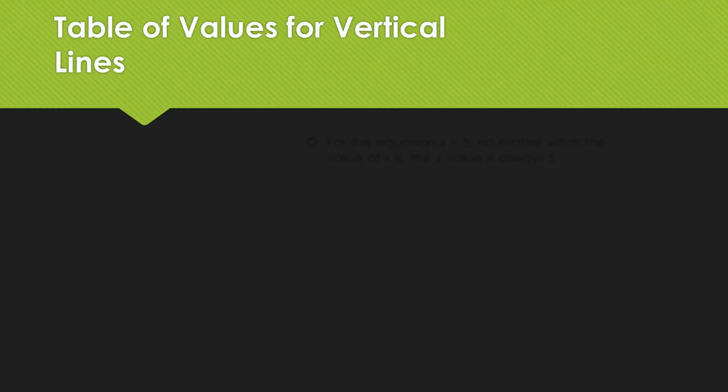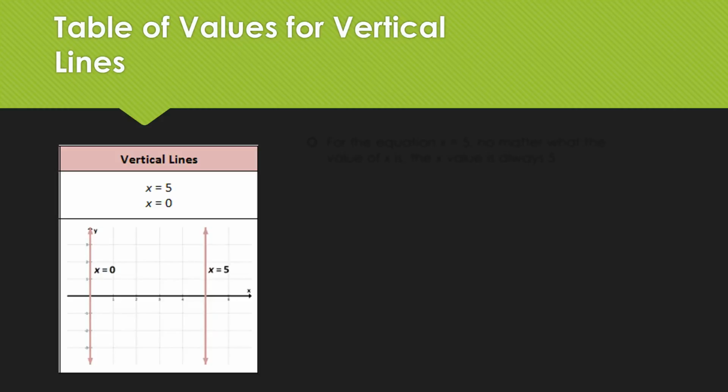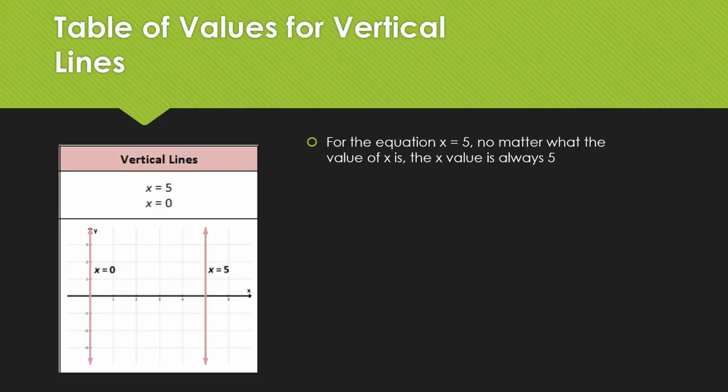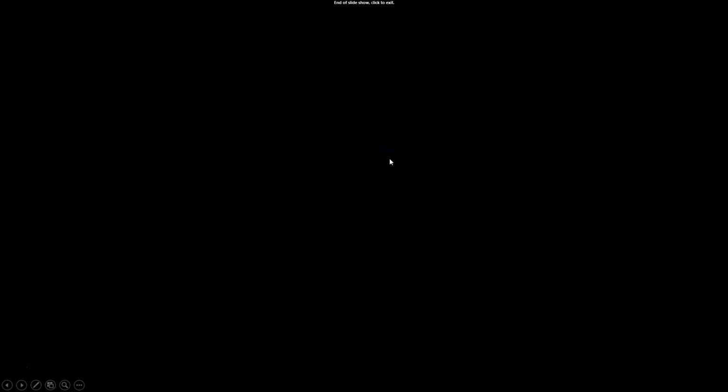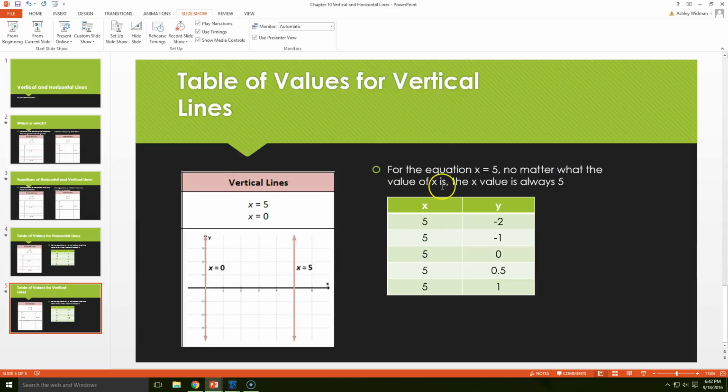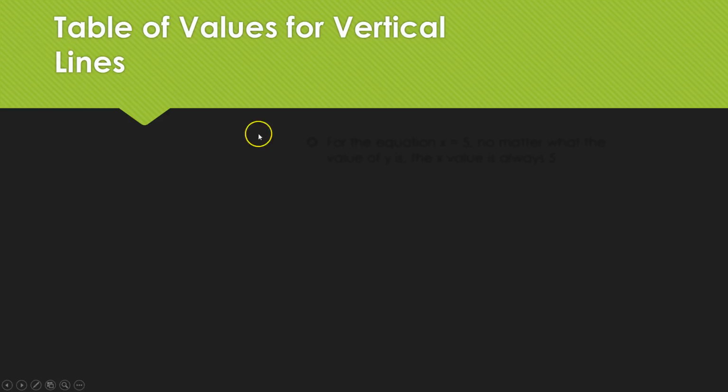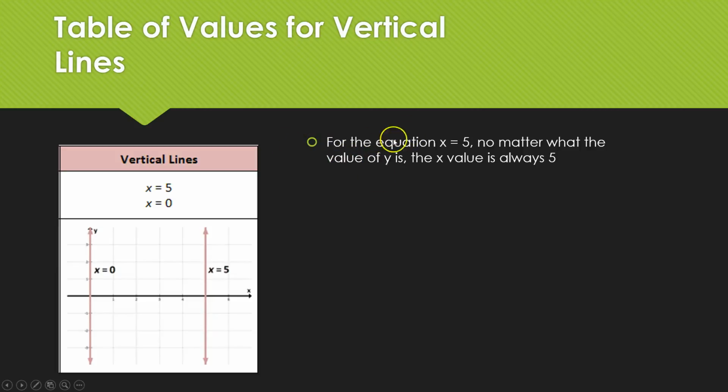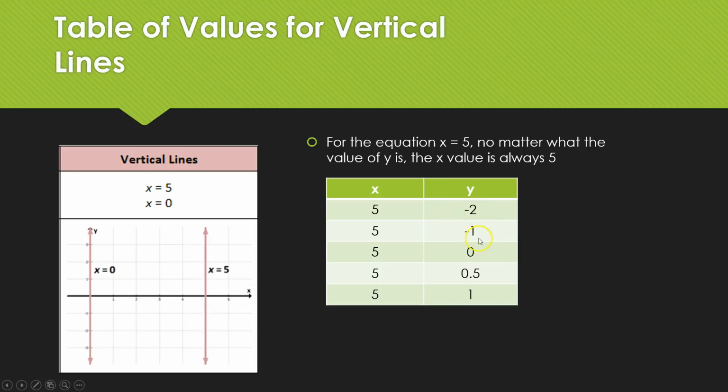Very similarly, for vertical lines, the equation x equals 5 is basically saying no matter what the value of y, the x value is always 5. Regardless of our y value, it could be any value at all, the x value is always going to be 5.